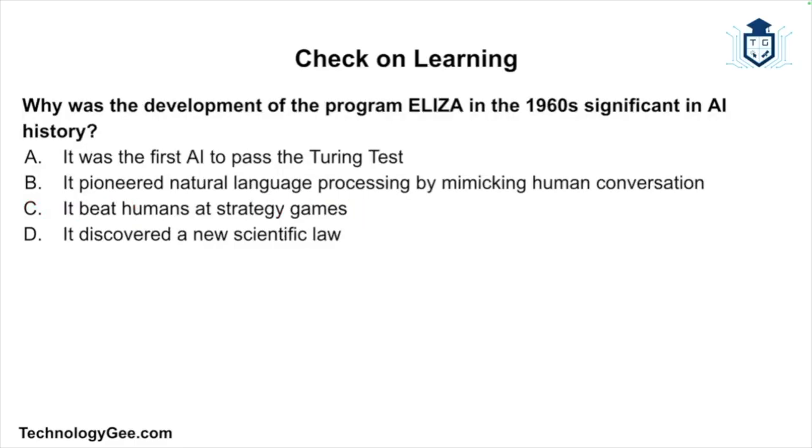And our final question: why was the development of the program ELIZA in the 1960s significant in AI history? Is it that it was the first AI to pass the Turing test? Is it that it pioneered natural language processing by mimicking human conversation? Is it that it beats humans at strategy games? Or is it that it discovered a new scientific law?